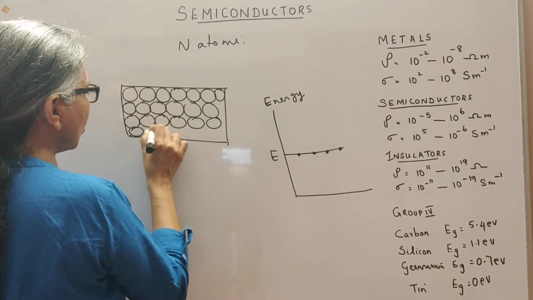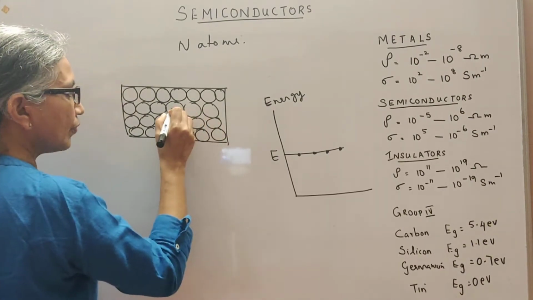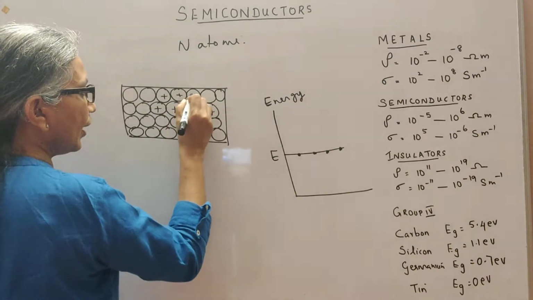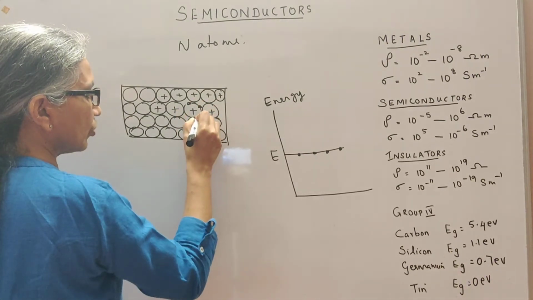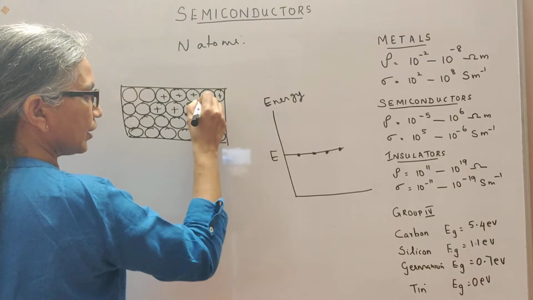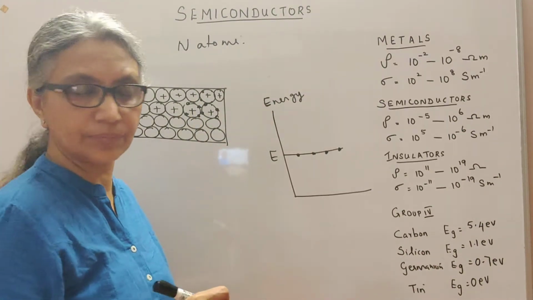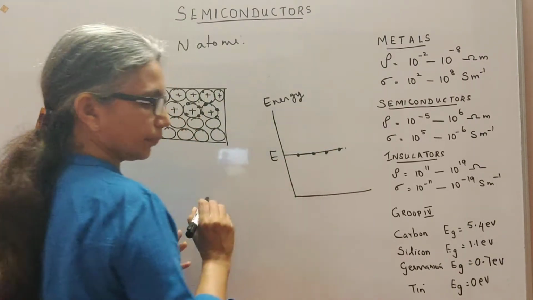All of these atoms have a central nucleus with a positive charge, and they each have 4 valence electrons. If it had been silicon as an isolated atom, all these 4 valence electrons would have had the same energy E.